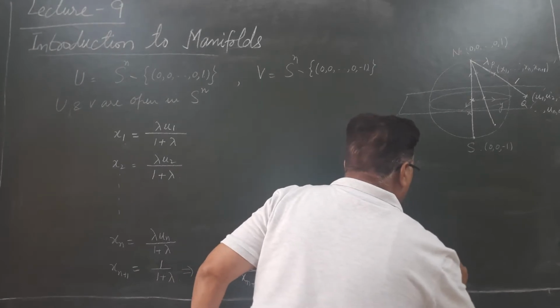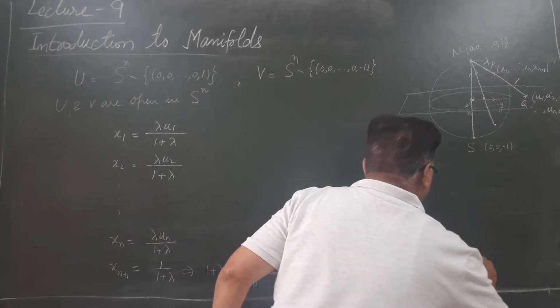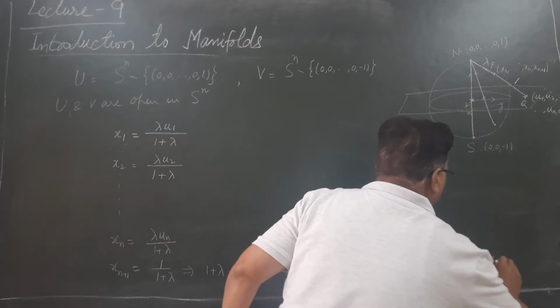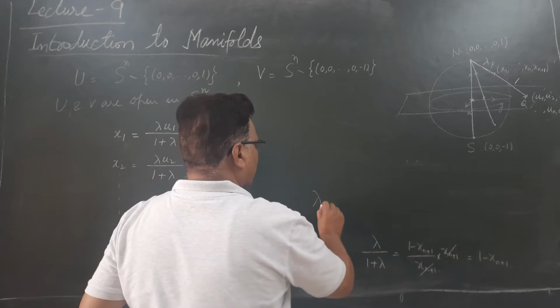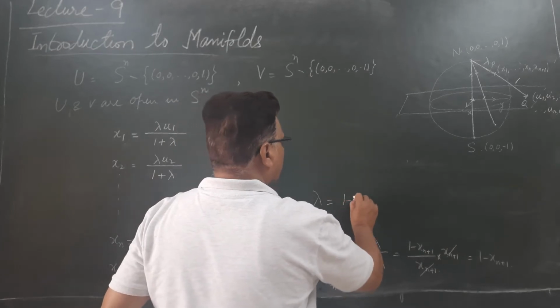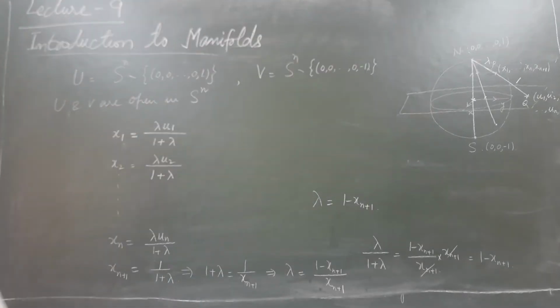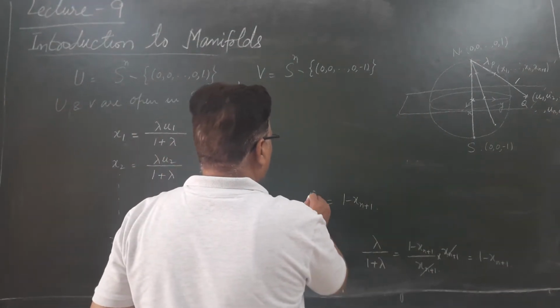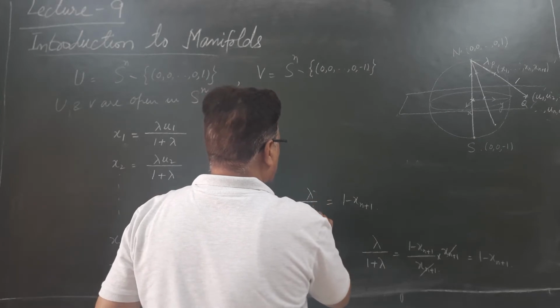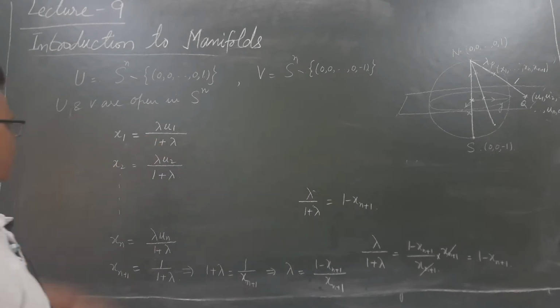So into xn plus 1, they are cancelled out. 1 minus xn plus 1. This is the value of lambda upon 1 plus lambda. Sorry, lambda upon 1 plus lambda. Yes. Okay. Now look at this.